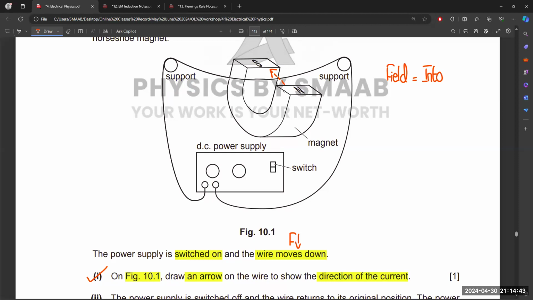So either current will move from right to left or left to right, because force is acting in the downward direction. Force is on the y-axis, field is on the z-axis.